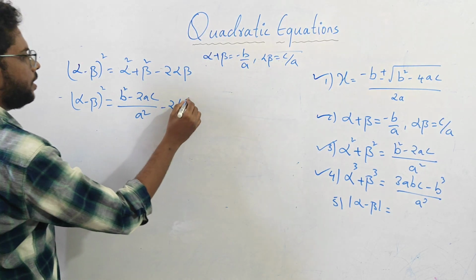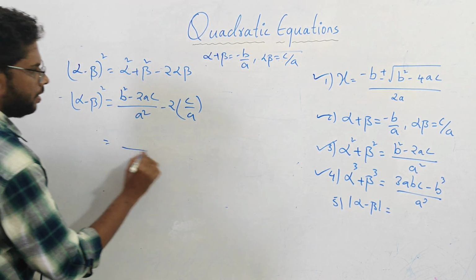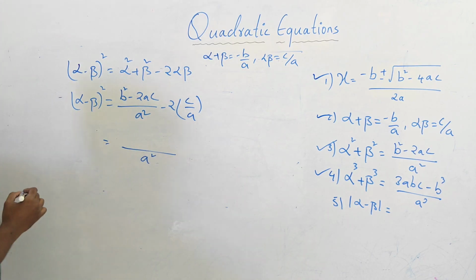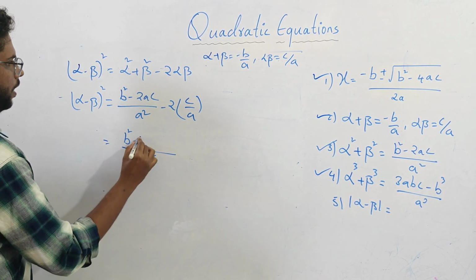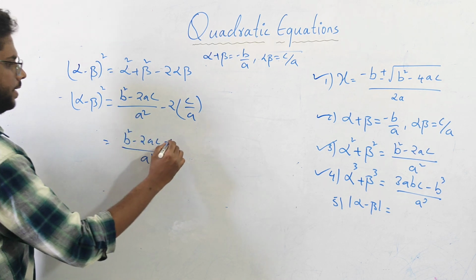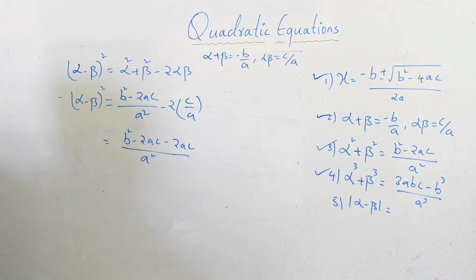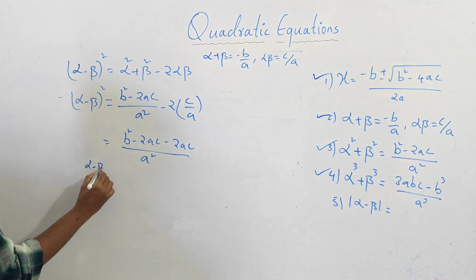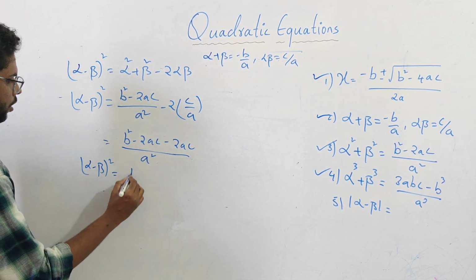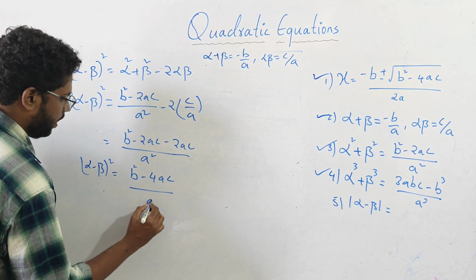What is alpha beta? Nothing but c by a. If I take the LCM, what do I get? A square is the LCM. Here we get b square minus 2ac minus 2ac. Alpha minus beta whole square equals b square minus 4ac by a square.